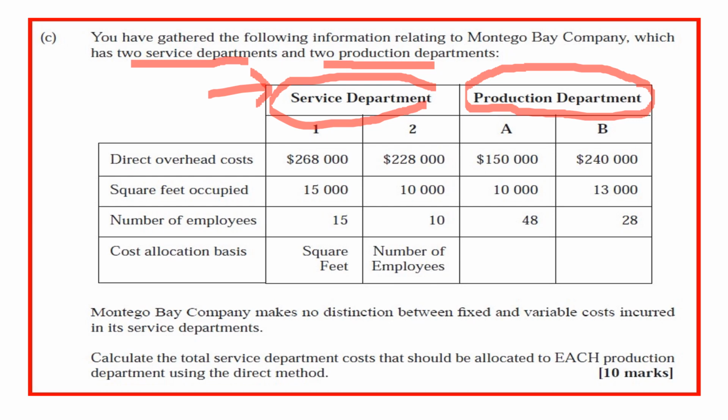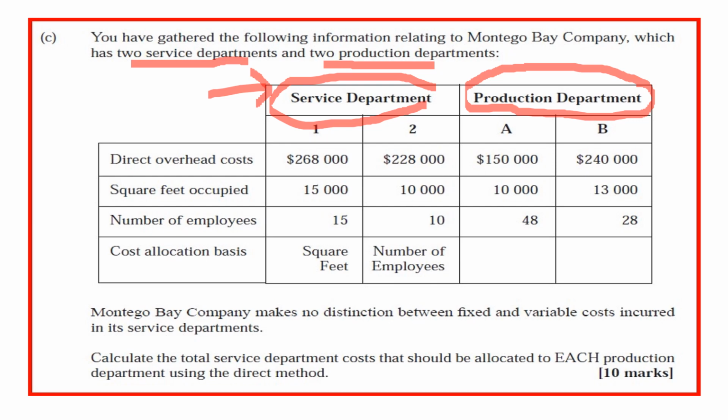But yet the service departments have overhead costs attached to them. Okay, and you have to allocate these into the production departments. When you get the total for these two departments, then you can charge them to the product.